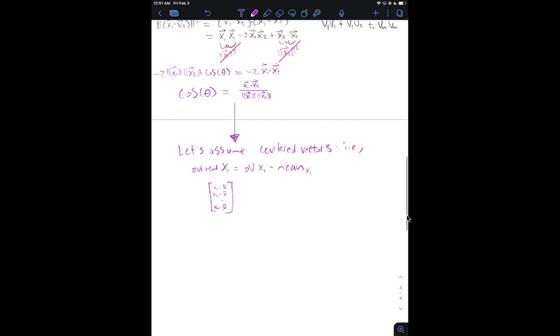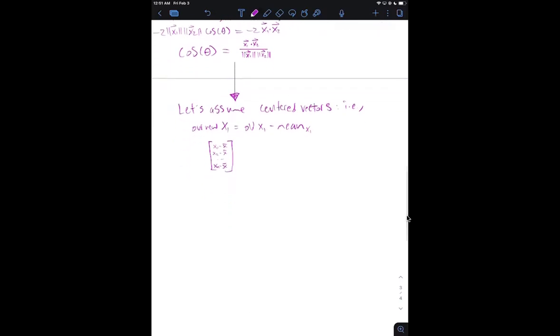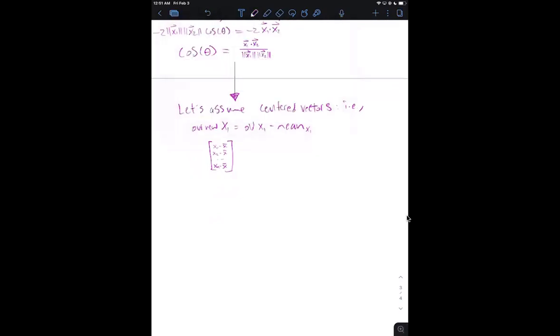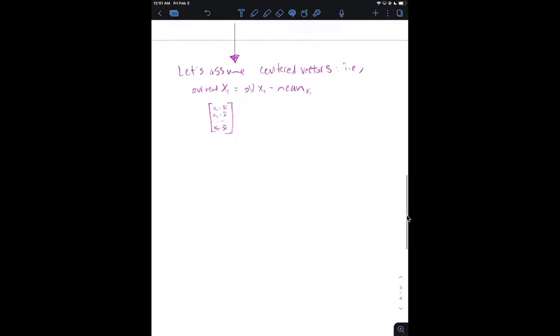So now if we assume that our vectors are centered, what do we have going on here? It turns out to be pretty cool, because if we copy this down like this, now notice that these are actually centered. So what we have here, and let's rewrite the dot product in a more familiar form, in summation notation. So this is the centered vector.